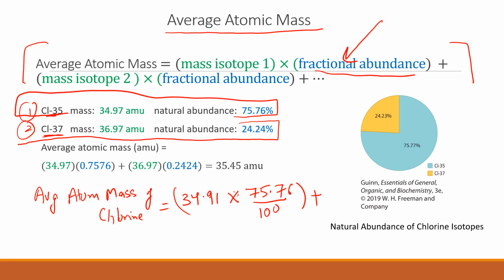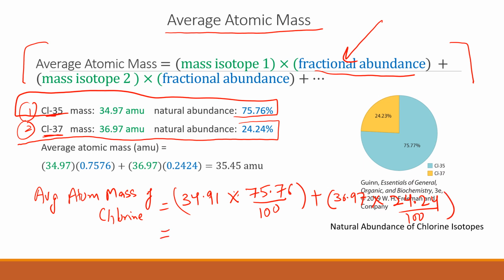plus the second isotope, whose atomic mass was 36.97, multiplied by its fractional abundance, the percentage divided by 100.